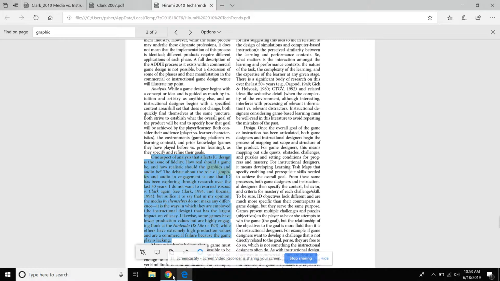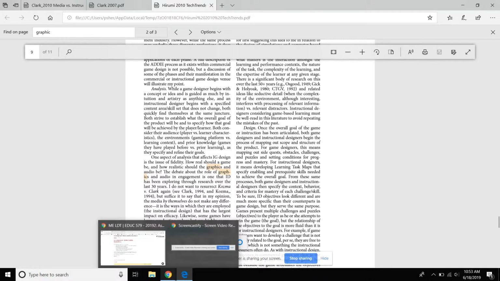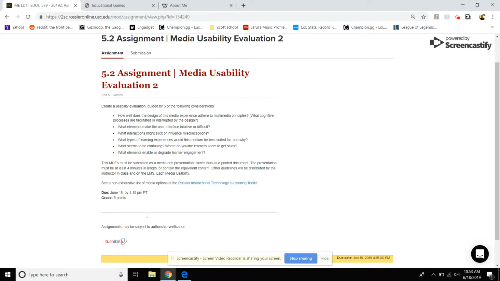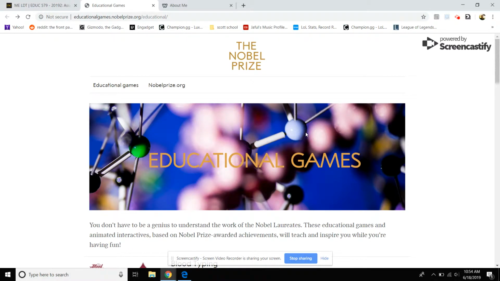So in this assignment, I really wanted to go into the facts of how realistic game graphics should be, and that's what really intrigued me, and whether high production value was important. The game site that I chose was the Nobel Prize game site.